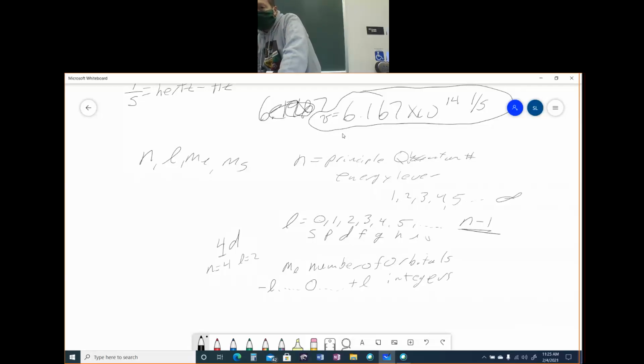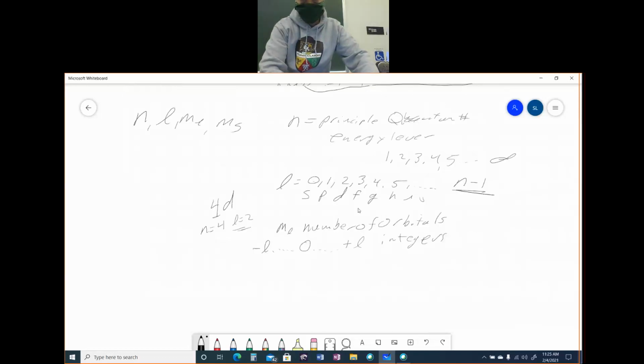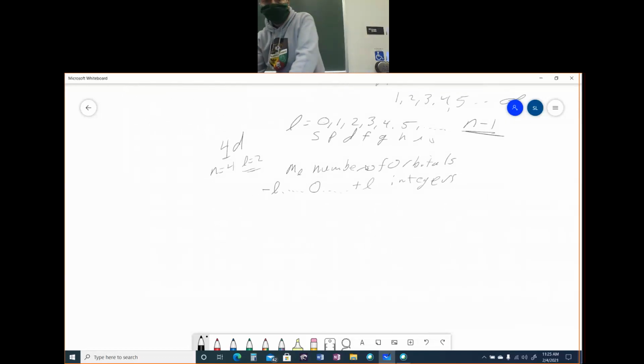Anytime you're D, your L is 2. All right, so now once you have your L value of 2, when L is 2, your M sub L can be -2, -1, 0, 1, and 2. And these are your orbitals.